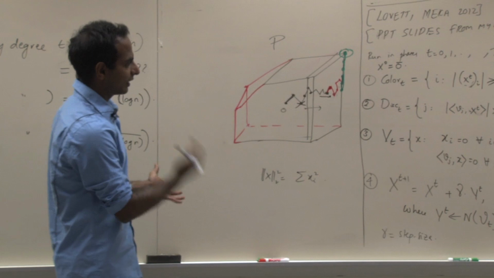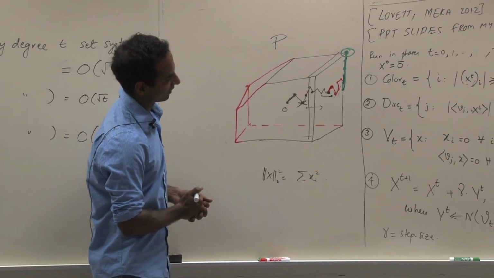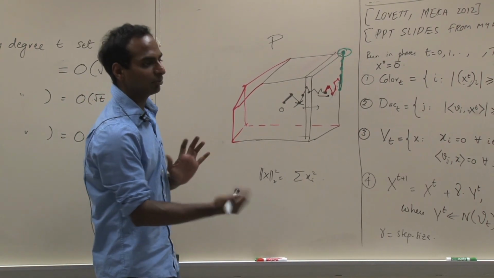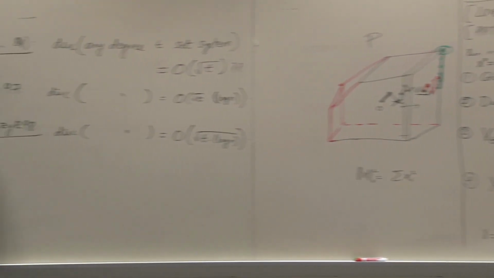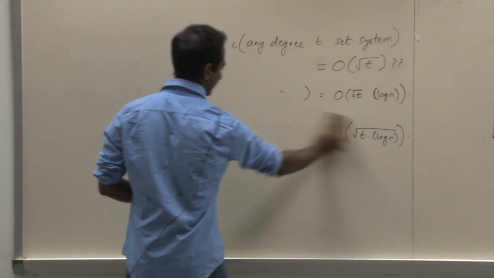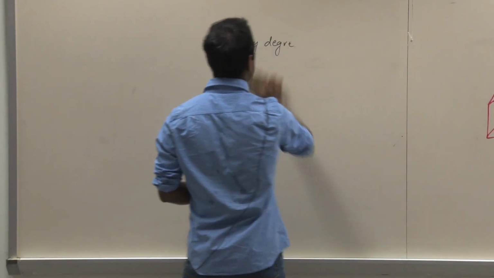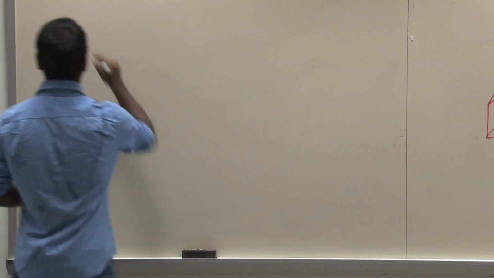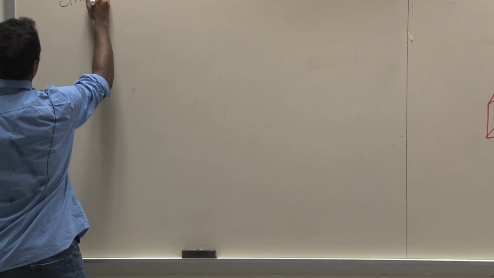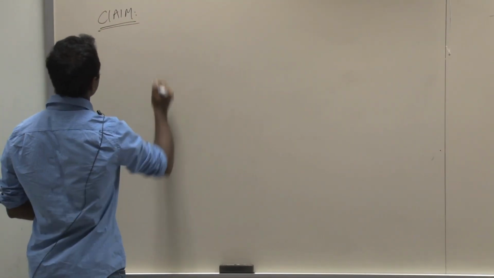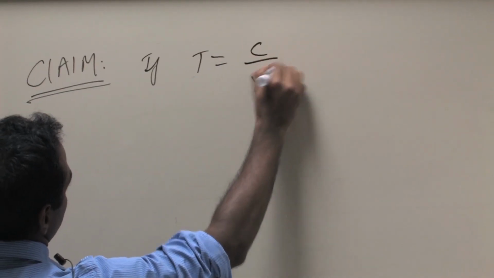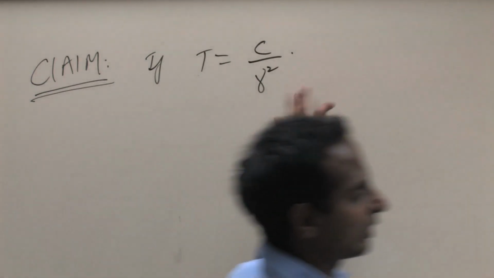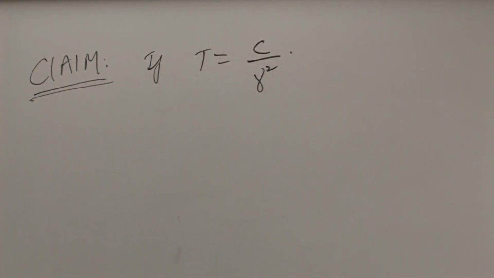Now I will basically just sketch the analysis because the calculations are a little more detailed, but they're not too hard to fill out. So let me write it down here. The claim is that if t is some c over gamma squared, this parameter is not important, it depends on how small a step size you're taking.